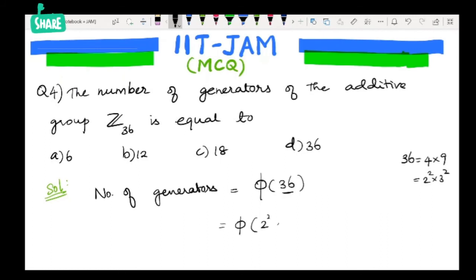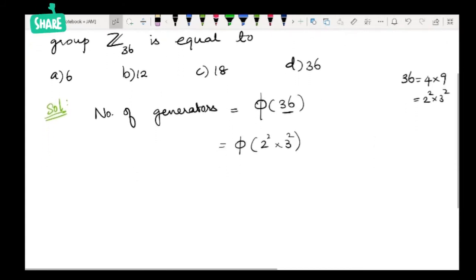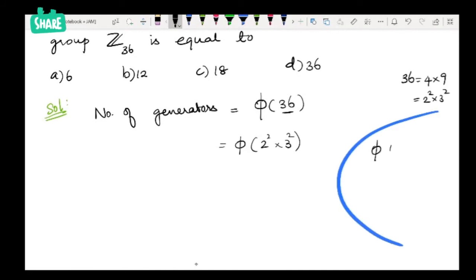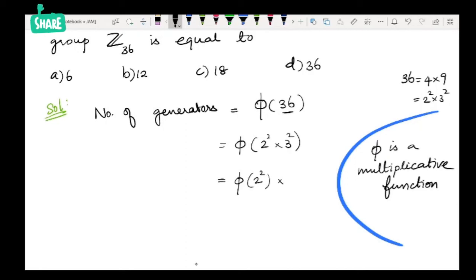So this is the same as phi of 2 square into 3 square, and this phi, the number of generators, is actually a multiplicative function, which means I can write phi of 2 square into 3 square as phi of 2 square into phi of 3 square.